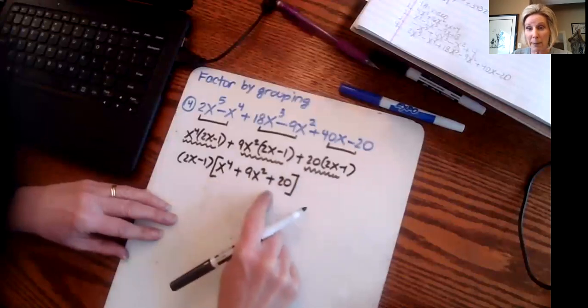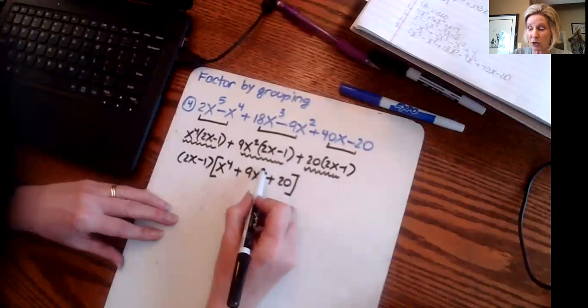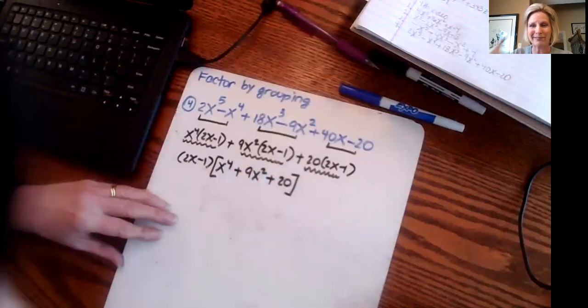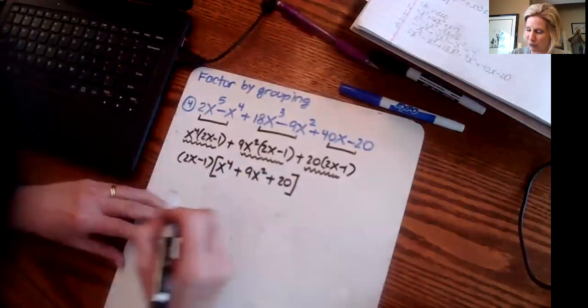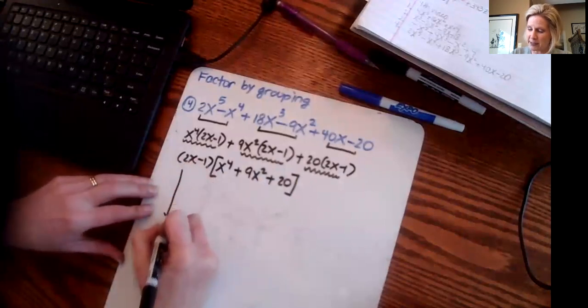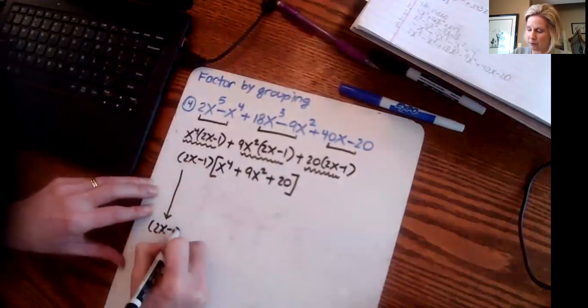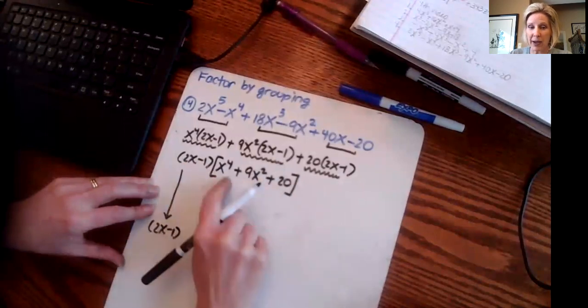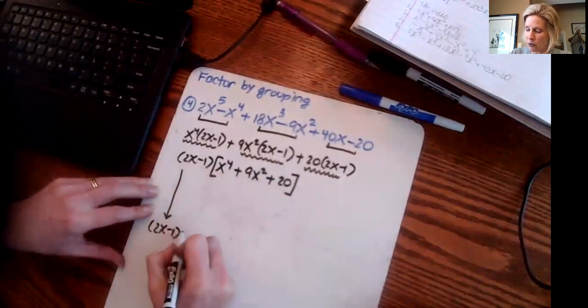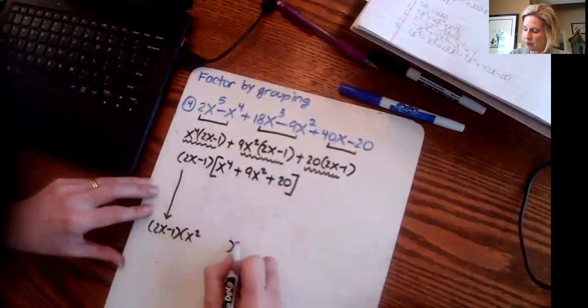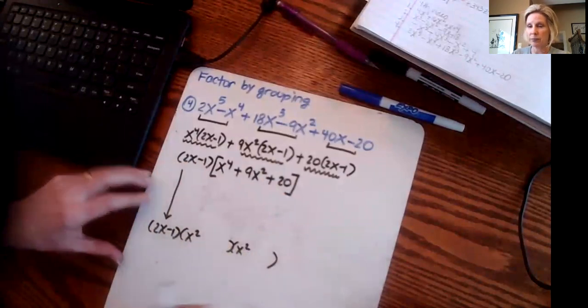Holy schmoly, Batman. This is a trinomial, and since it's X squared, double the 2, you get 4. AC method might work. So I'm just going to recopy this guy, 2X minus 1. Guys, if this is going to factor AC, the X to the 4th has to be X squared, X squared.